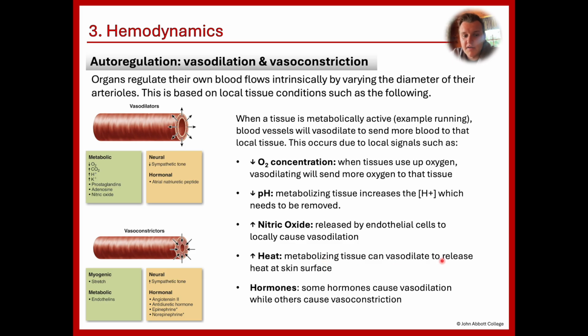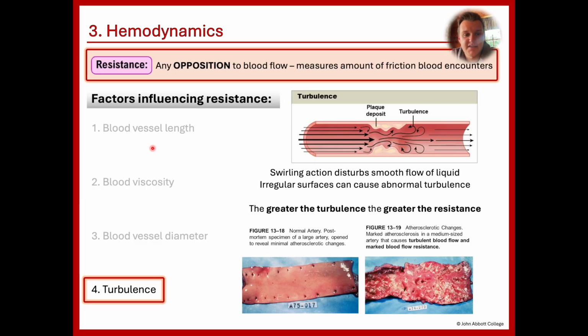So that can cause vasodilation also, to release heat at the skin surface. And lastly, hormones have various ways that they can cause it. Some hormones cause vasodilation. Some of them cause vasoconstriction. Okay, here you have some hormones. We actually talked about antidiuretic hormone a bit, right? So these are some of the factors that can affect it.